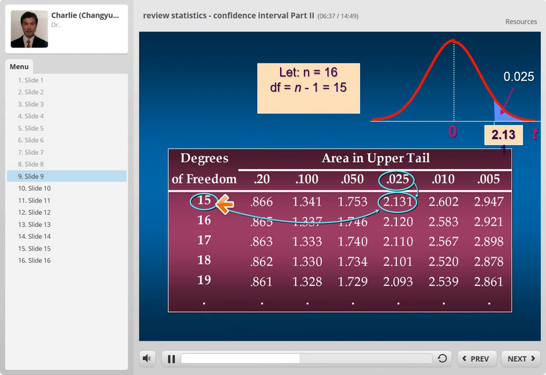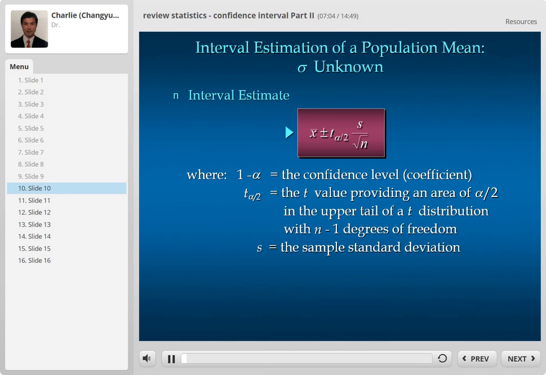And then the area in upper tail, so be careful, you first find the area in upper tail in the table, which is 0.025. So the row of 15 goes to 0.025. This value is 2.13.